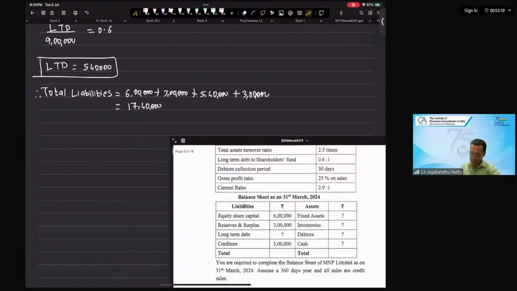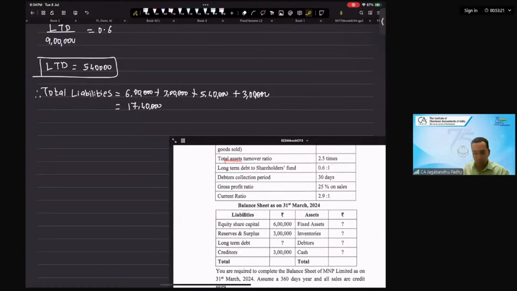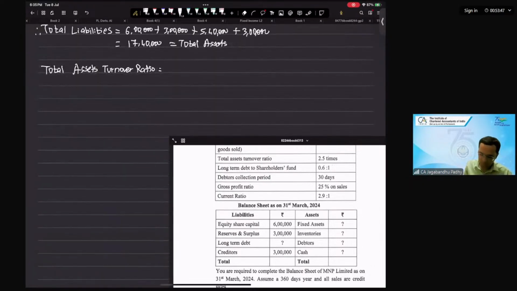Now, whatever is the total liabilities, that itself is going to be the total assets. Now which ratio can we use? Total assets turnover ratio, which is sales upon total assets.